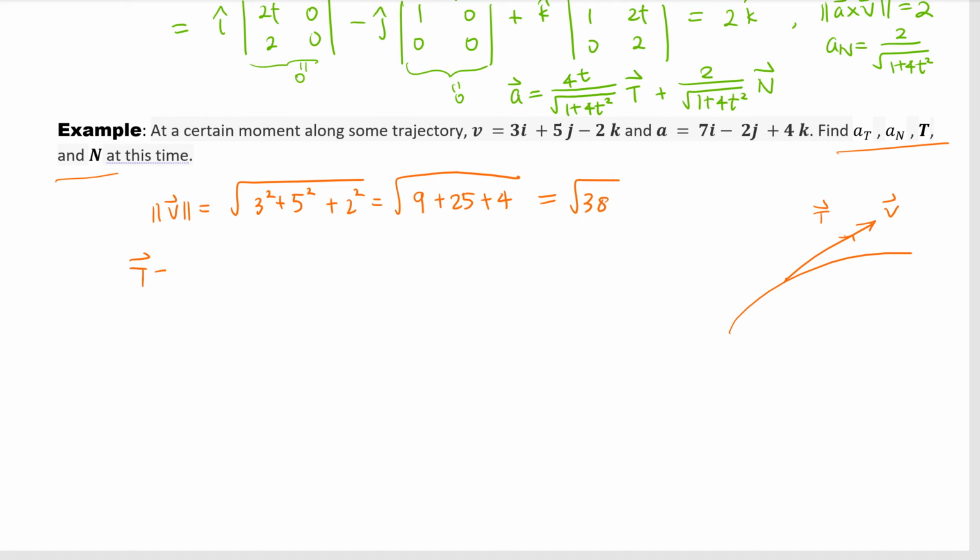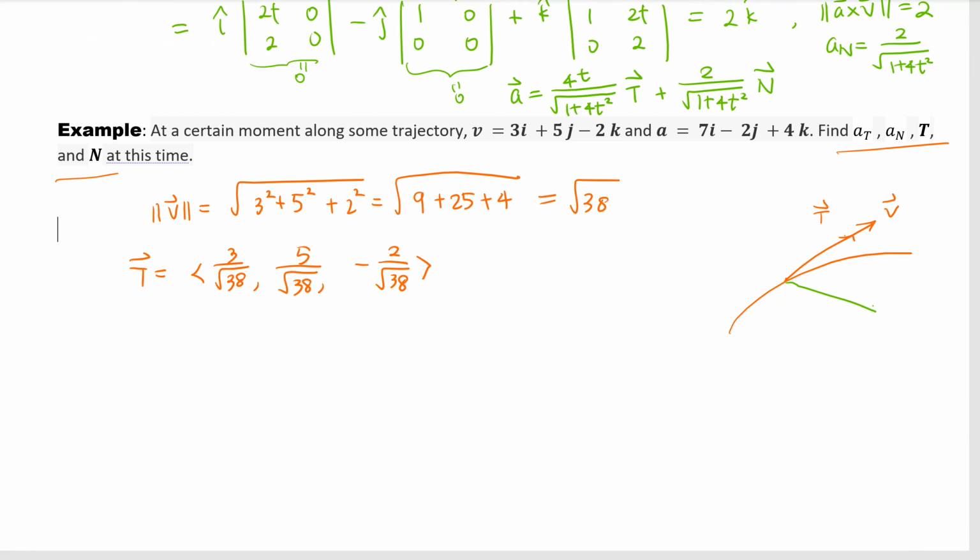So our unit tangent vector equals v divided by the speed: 3 over the square root of 38, 5 over the square root of 38, negative 2 over the square root of 38. So far, so good. This is the unit tangent vector. All right, and then we have the a.